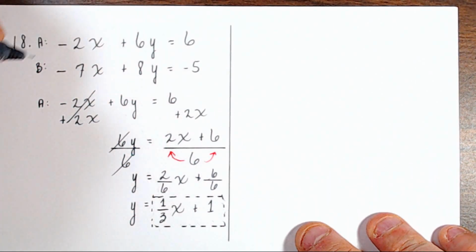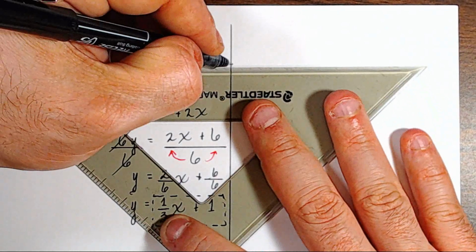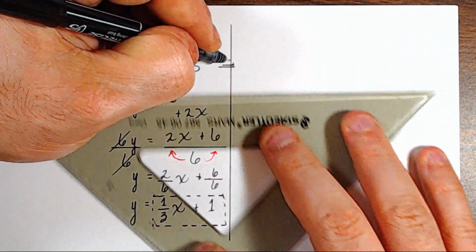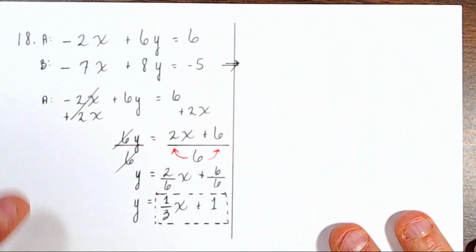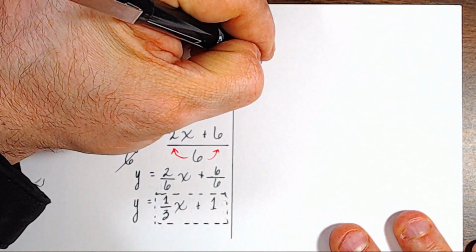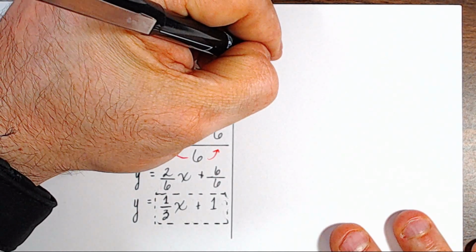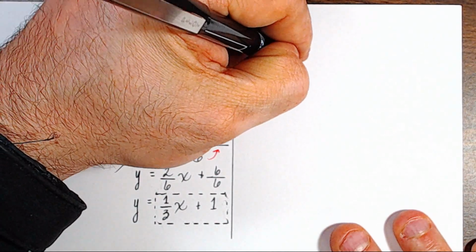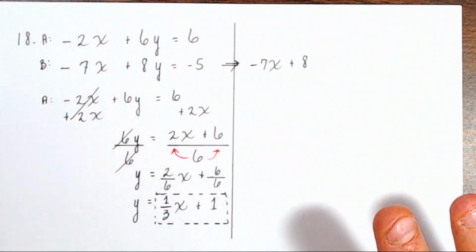All right, so let me show this second equation. This is going to be brought over here. I'm bringing this B equation over here. And I'm writing negative 7x plus 8.